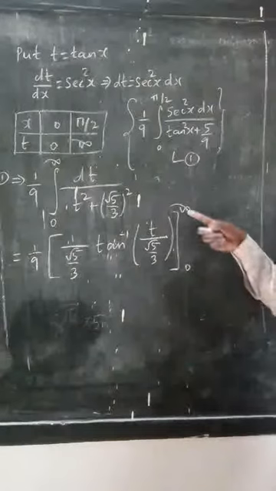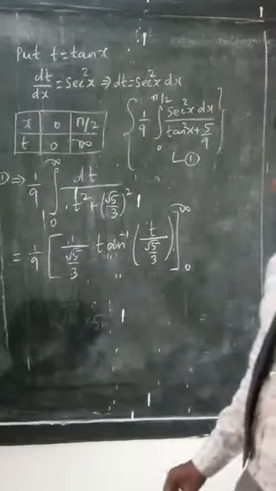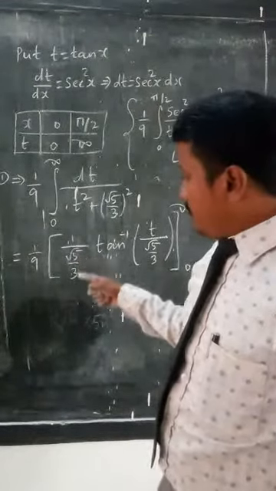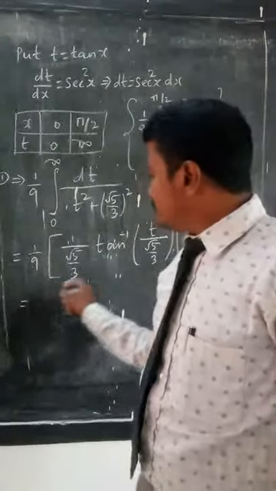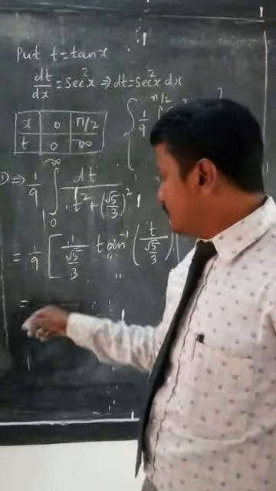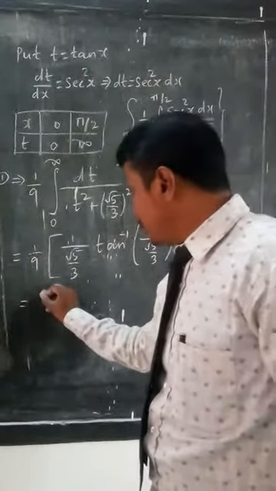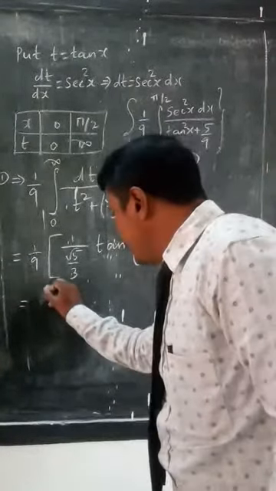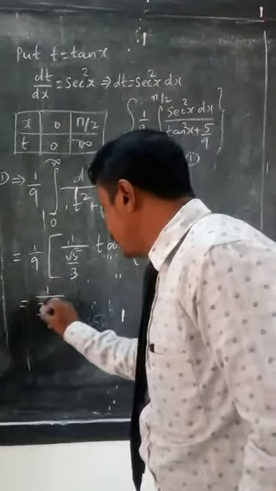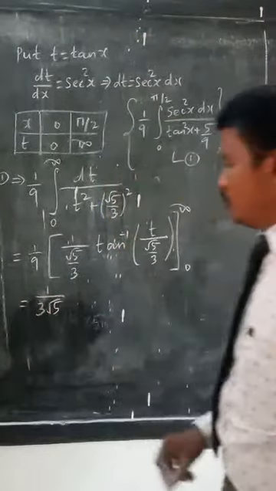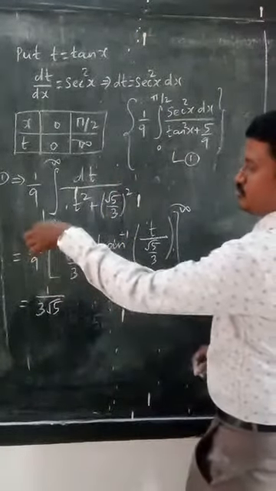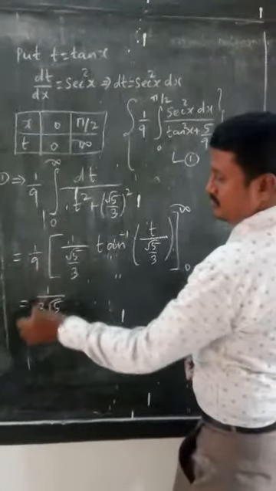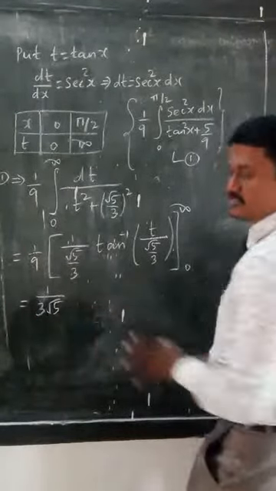Now I can take this root 5 by 3 outside, so if 3 comes up, it gets cancelled with 9, so it becomes 1 by 3 root 5. Don't ask how. When 3 comes to the numerator, it gets cancelled with the 9, it becomes 3. Root 5 is present in the denominator.